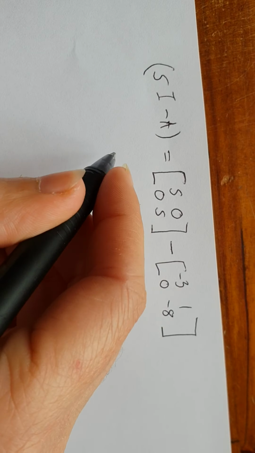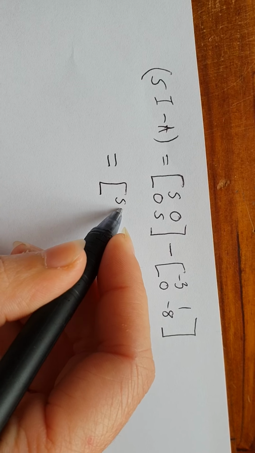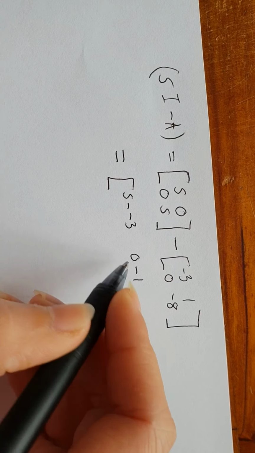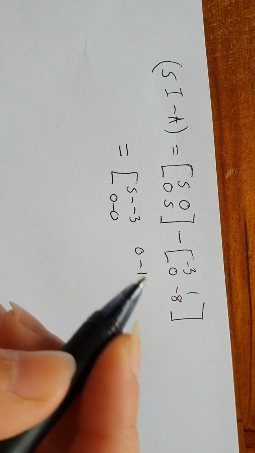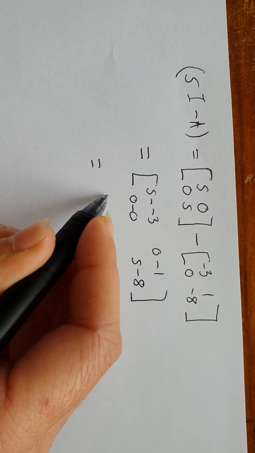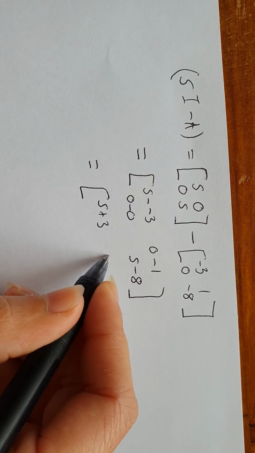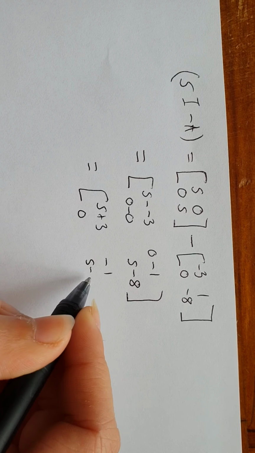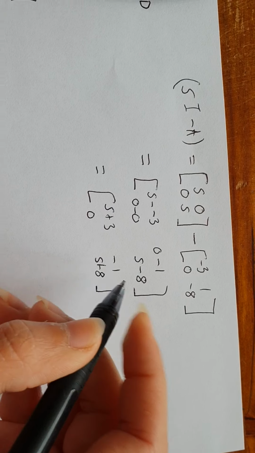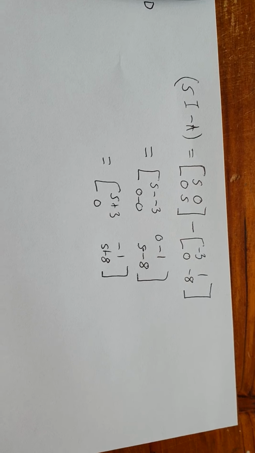So let's go ahead and do that. Very simple. It's S minus 3, 0 minus 1, 0 minus 0, and S minus 8. Let's rewrite that. S plus 3, minus 1, 0, and S minus 8. Oh, sorry, plus 8. There's 2 minuses here. Yep.